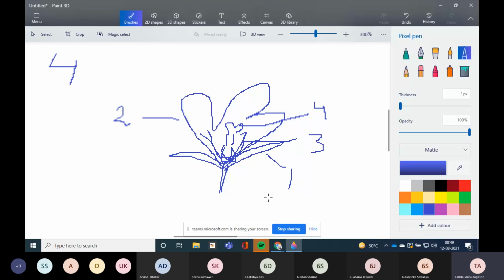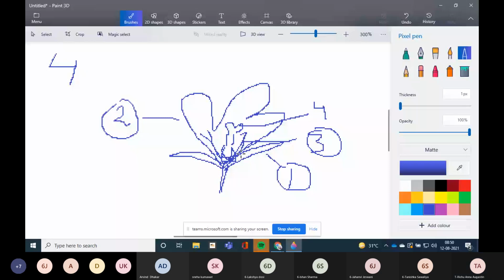The first one is sepal, second one is petal, third one is the male part. Collectively that male reproductive system is known as androecium. So androecium is the third part, and for female we use gynoecium, which is the fourth part.